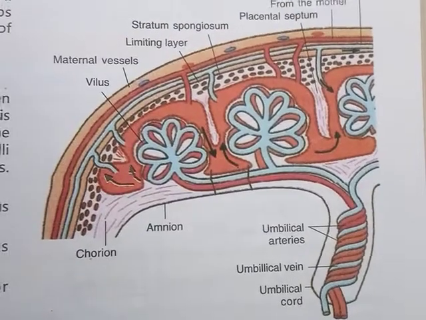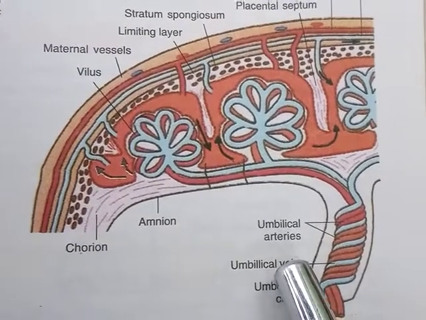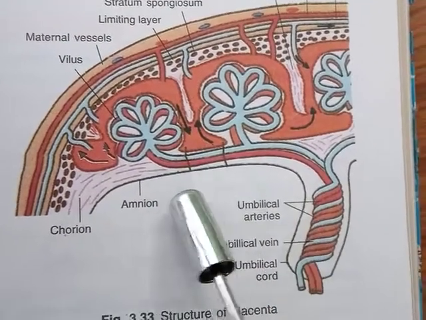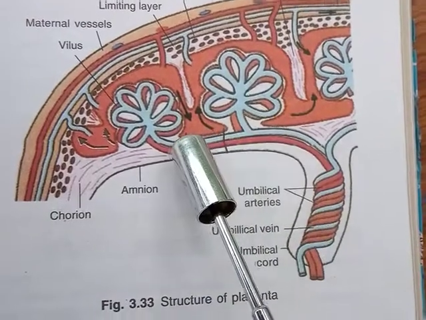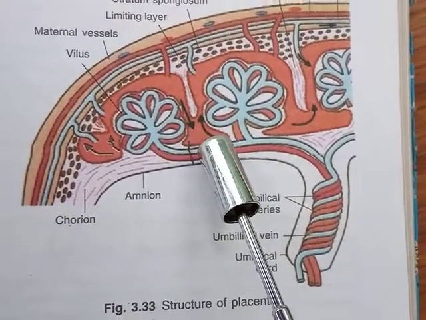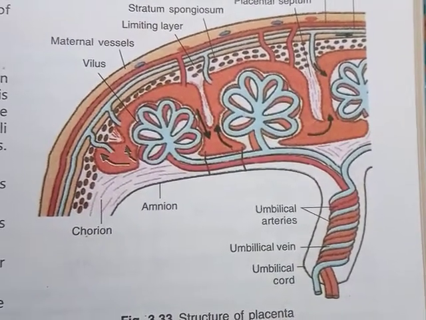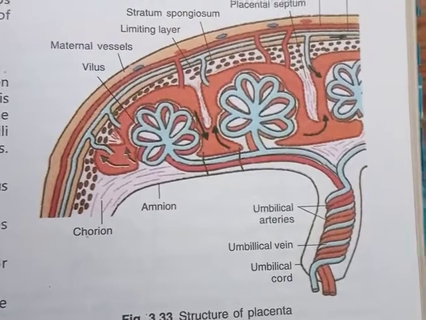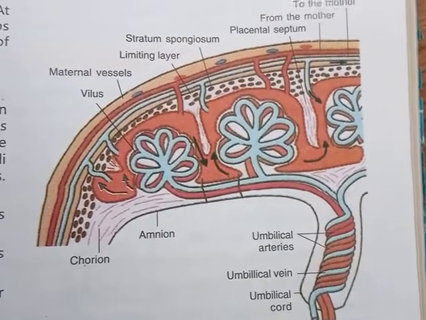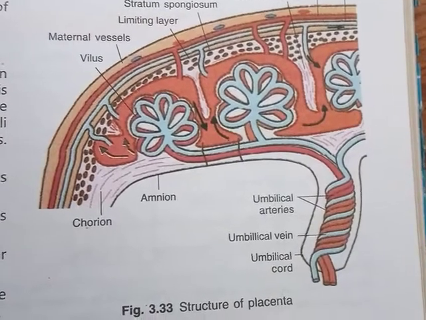So as we can observe the structure of the placenta, which is a disc-shaped structure embedded within the uterine wall of the mother, it helps to transport nutrients as well as to remove nitrogenous waste, carbon dioxide and other waste products from the fetal blood.